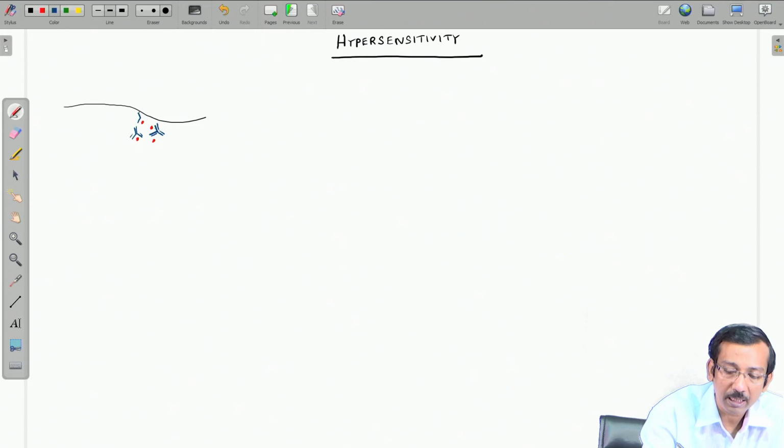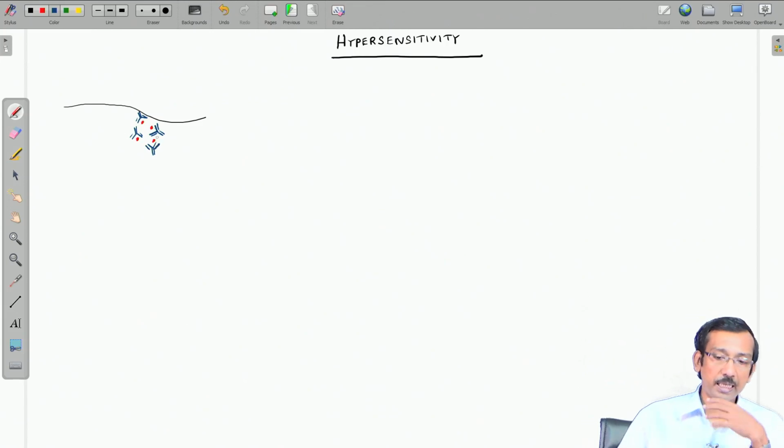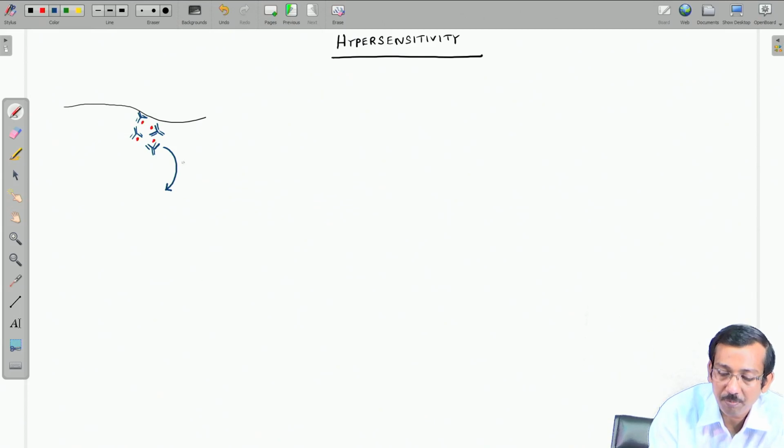Now, this antigen antibody complex that is being formed or deposited somewhere can actually lead to activation of the complements. So, there can be complement activation.